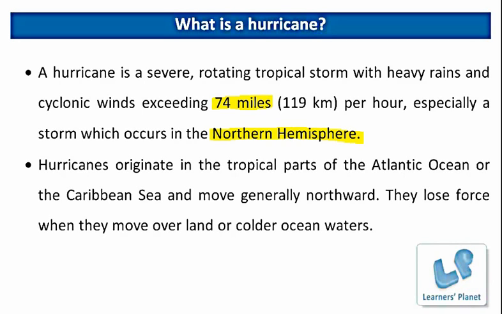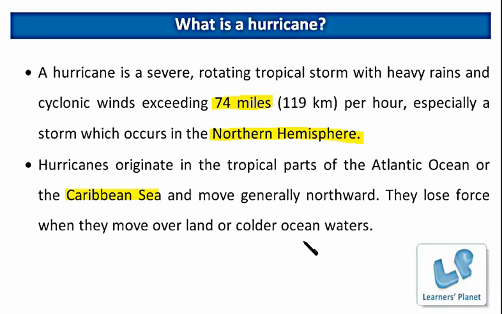Basically, hurricanes originate in the tropical parts of the Atlantic Ocean or the Caribbean Sea, and generally move towards the north, and they lose force when they move over land or even colder ocean waters.